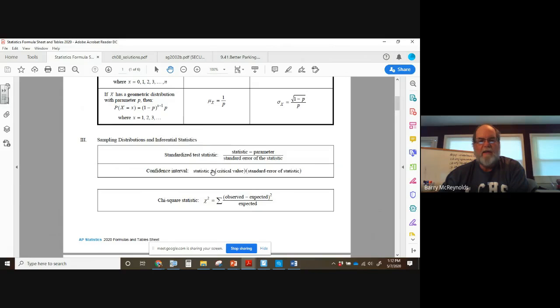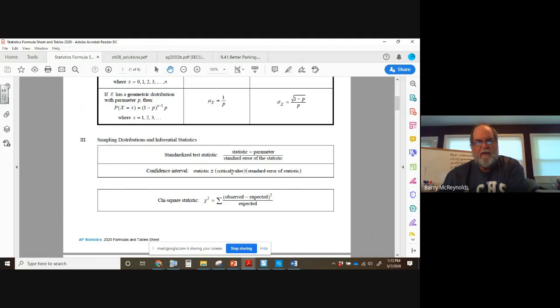The one thing I need to remind everybody, when you're building a confidence interval and it involves a population mean, the critical value comes from table B, where you have to determine the degrees of freedom and go from there.